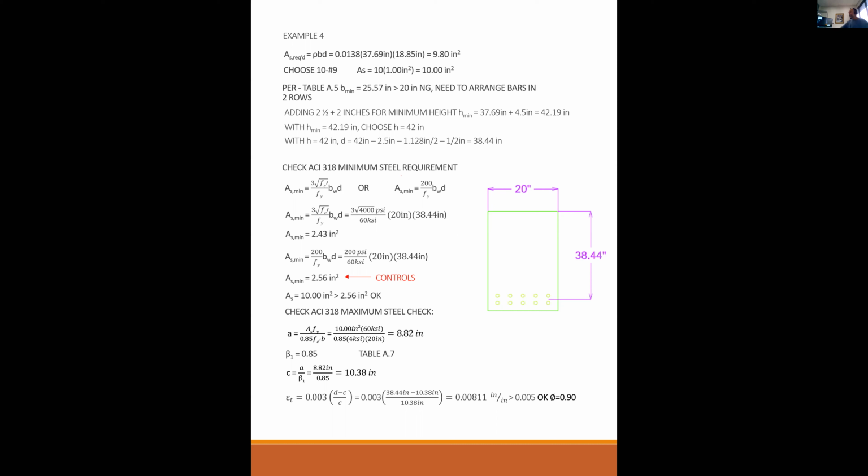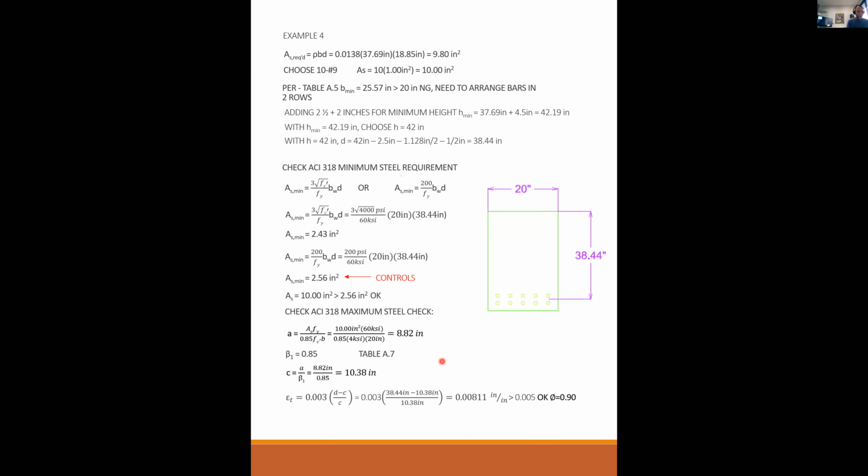So instead of doing this, you can go to that table and see that it says 0.0181. Then you can take 0.0181 times b equal 20 times d equals 38.44.